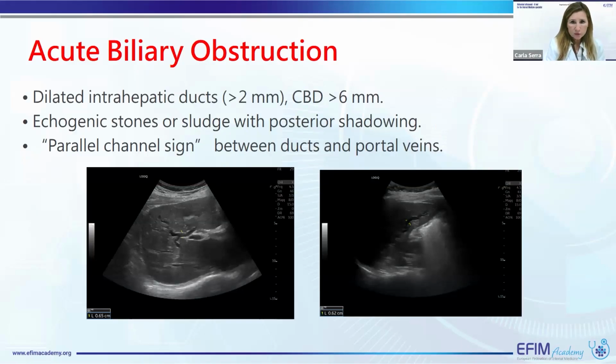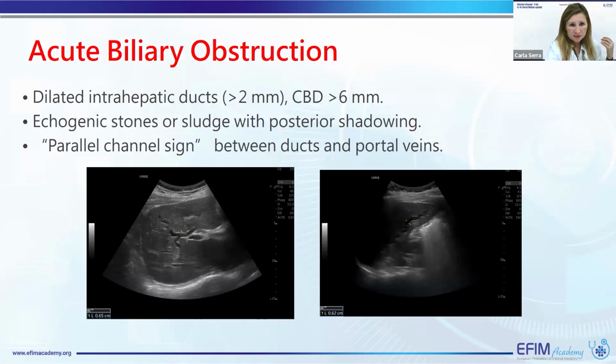So when you have a patient with a suspicion of acute hepatitis, ultrasound, first of all, must differentiate between biliary and hepatocellular disease.